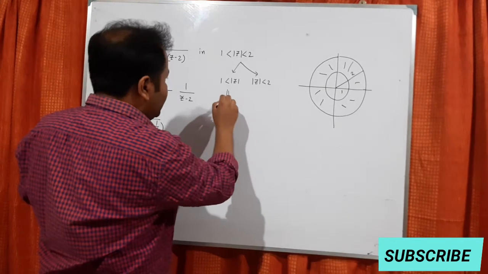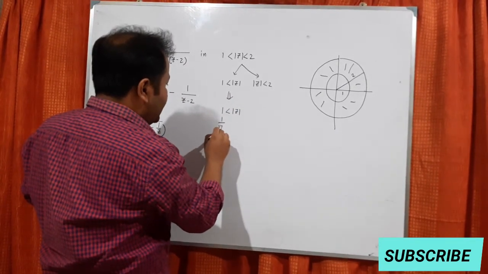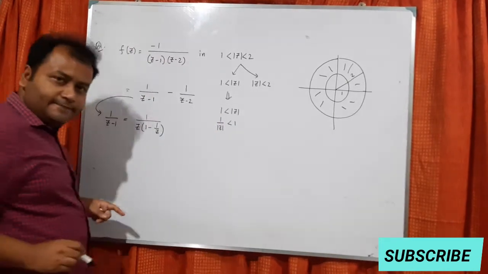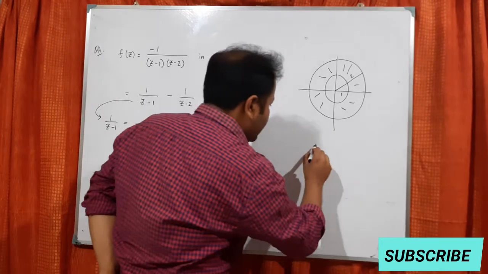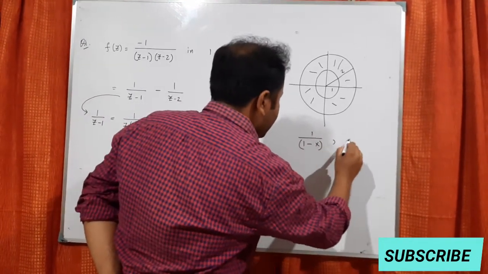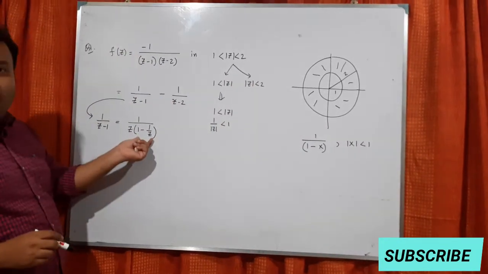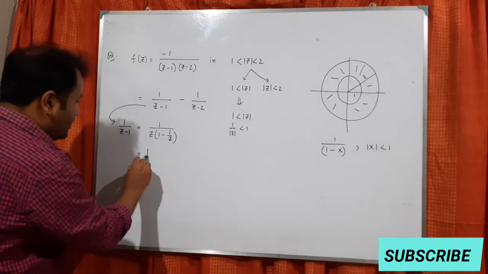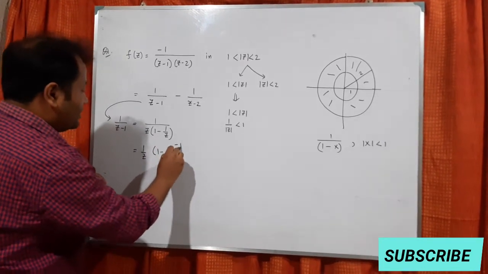Because you see the first condition, 1 less than mod z, so 1 by mod z will be less than 1. We want something in the form 1 minus x, where mod of x is less than 1. So now 1 by z times 1 minus 1 by z to the power minus 1.